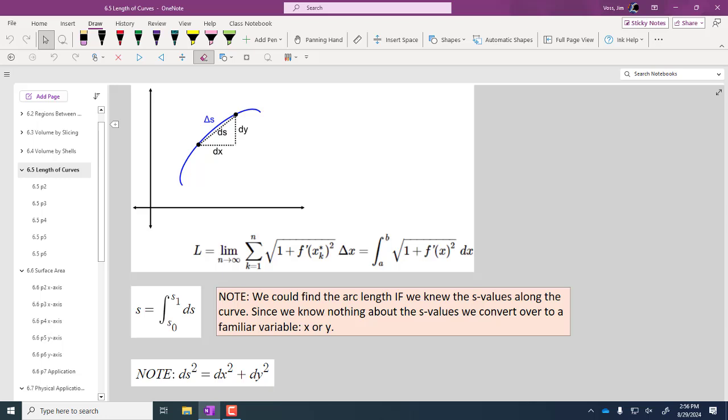All right. So in Calc 1, you said that dx and delta x were the same, but then delta y, which was the exact y change, was approximated by dy. And you had that equation, dy equals f prime of x dx. So that's what you did in Calc 1.